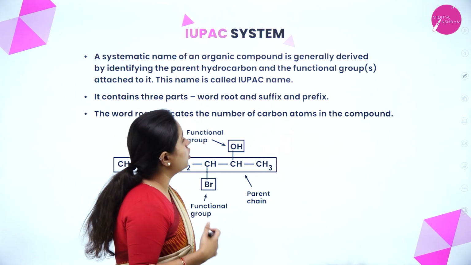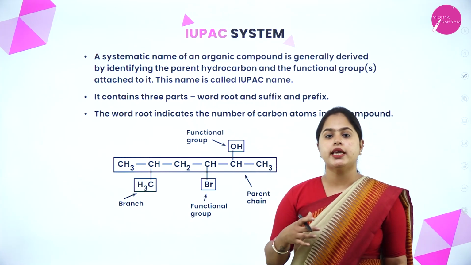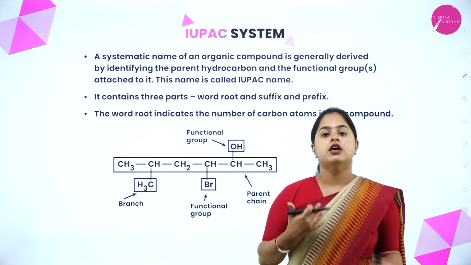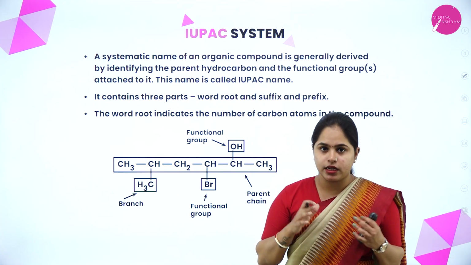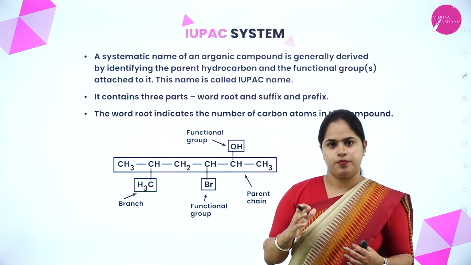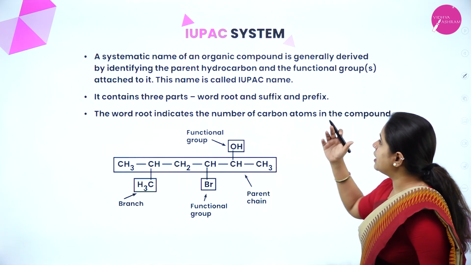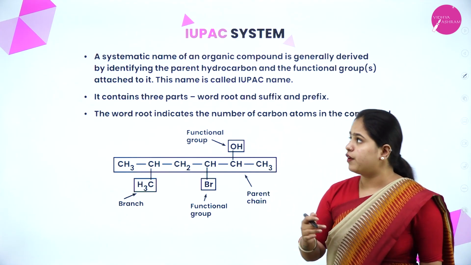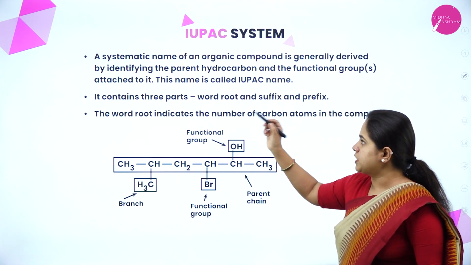Now moving on to the IUPAC system. As I said, there must be an official name of the organic compound as well. The IUPAC name of an organic compound is based on certain rules proposed by the IUPAC. A systematic name of an organic compound is generally derived by identifying the parent hydrocarbon and the functional groups attached to it.